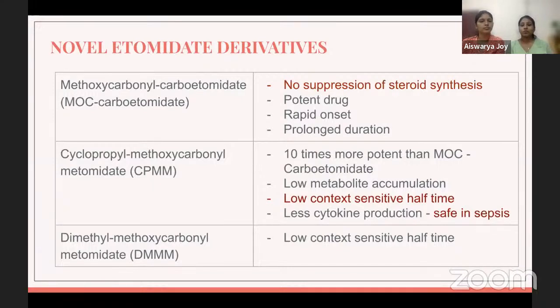It is 10 times more potent than MOC carbo-etomidate with low metabolite accumulation, and it has a low context-sensitive half-time and less cytokine production, making it safe in sepsis patients. And dimethyl methoxycarbonyl etomidate has a low context-sensitive time and again less suppression of steroid synthesis.